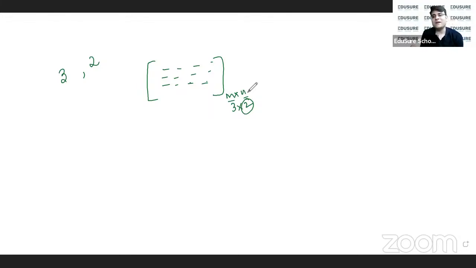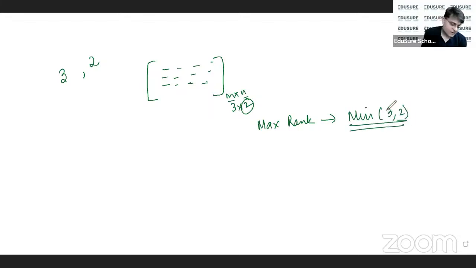Hence the number of independent rows can also not be greater than 2. So the maximum rank that is possible is the minimum of 3 comma 2. That is what I mean, Yashwant. Okay. I hope that is fine. Yashwant, is that okay with you?